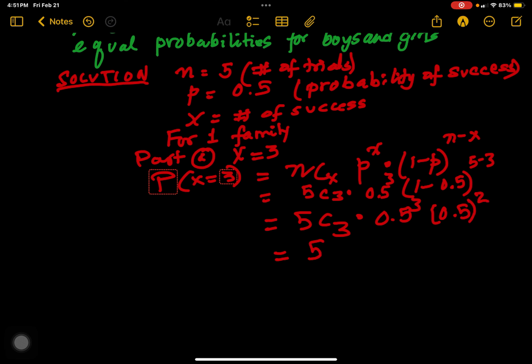So this is 5C3 multiplied by 0.5 to the power of 5, since 3 plus 2 is 5.